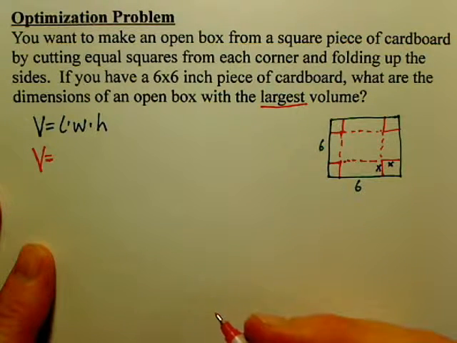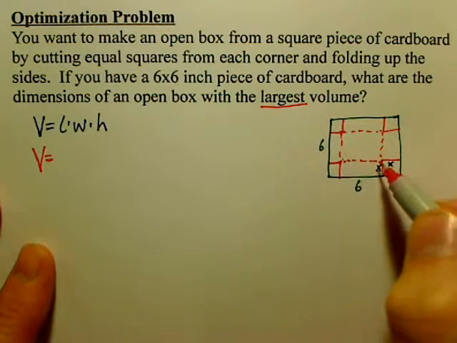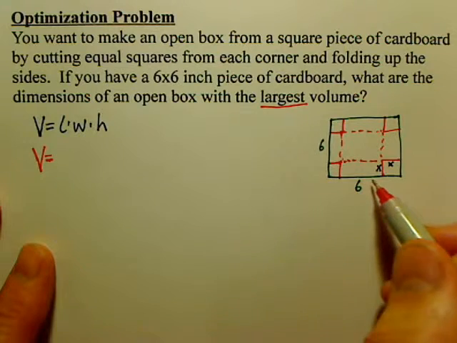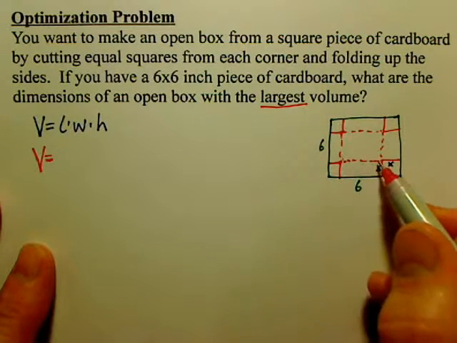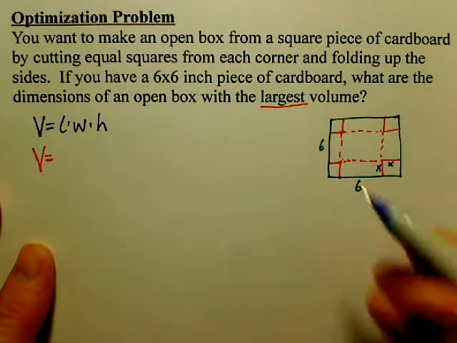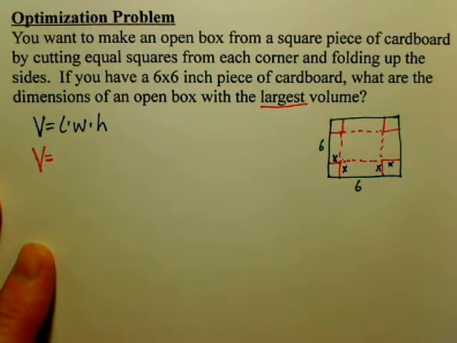So my length and width. Well, isn't my length and width just going to be these two sides? Isn't the bottom of the box length and width right there? If this whole thing is 6, well, wouldn't this length right here be the whole 6 minus x here and an x there? Because remember, don't I have an x here and an x there as well?